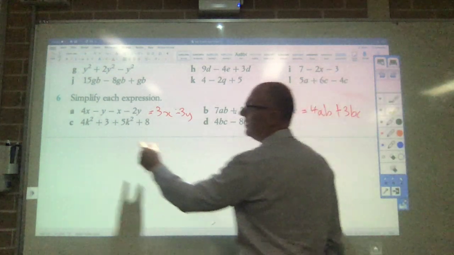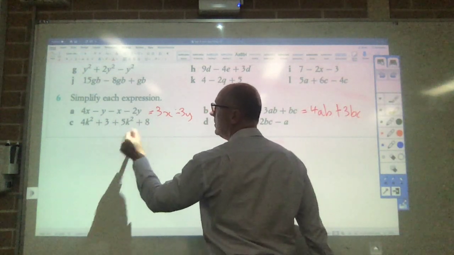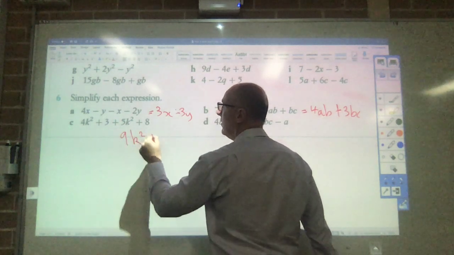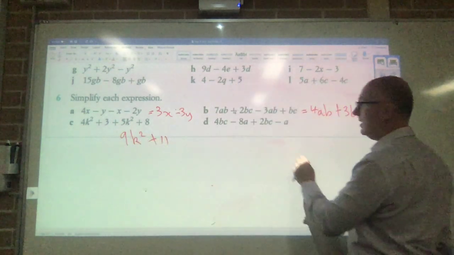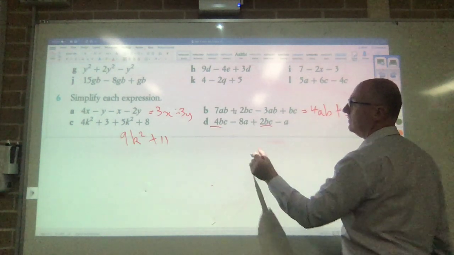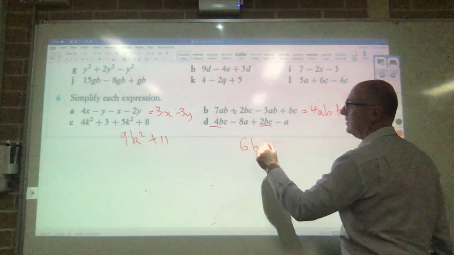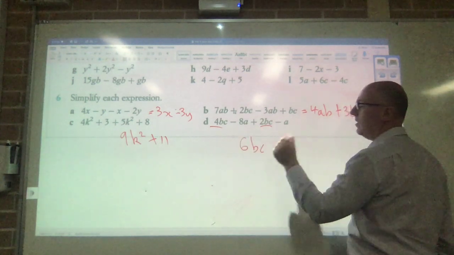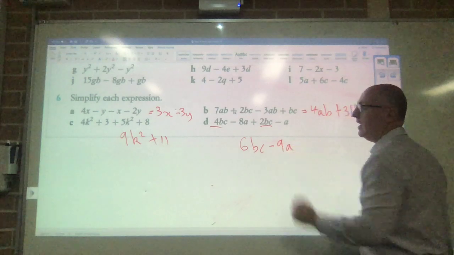Right. Okay, next one. These two go together, gives you 9k squared. These two go together, plus 11. Last question, I think. These two go together, so that gives us 6bc. And these two go together, minus 8 minus 1 is minus 9a.